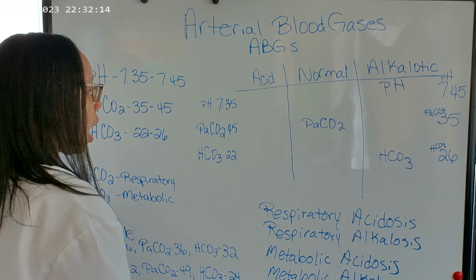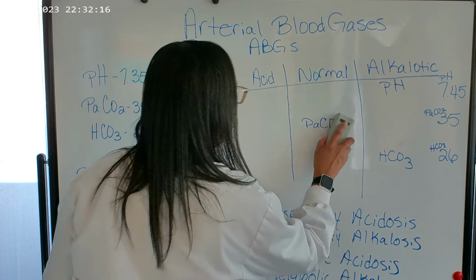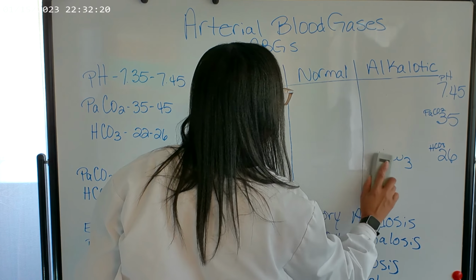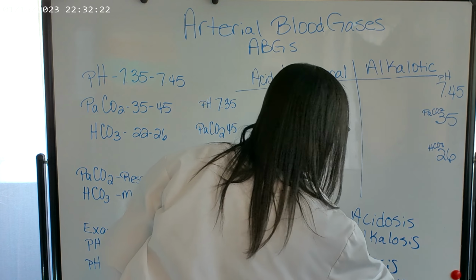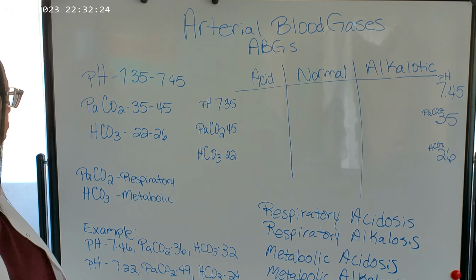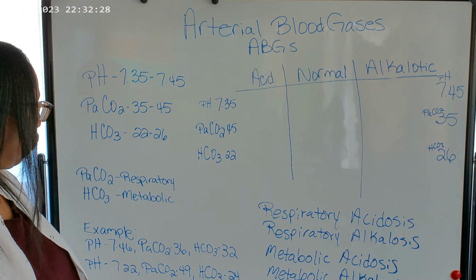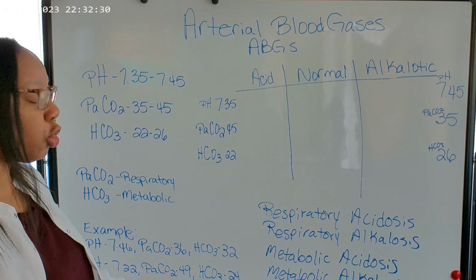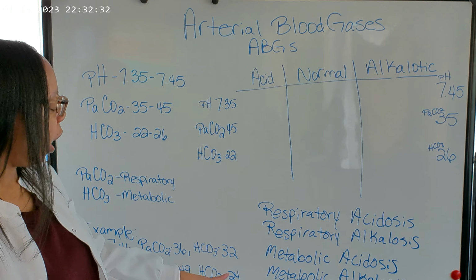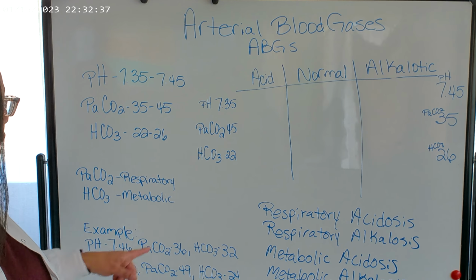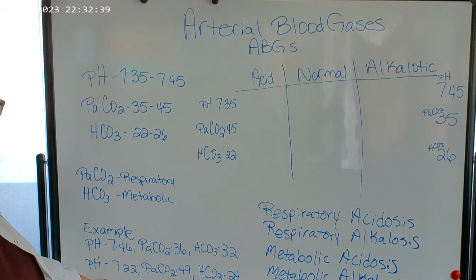All right. I have another example here for us to practice. In this one, our pH is 7.22. Our PaCO2 is 49. And our bicarbonate is 24. Let's plug that in. pH is 7.22.